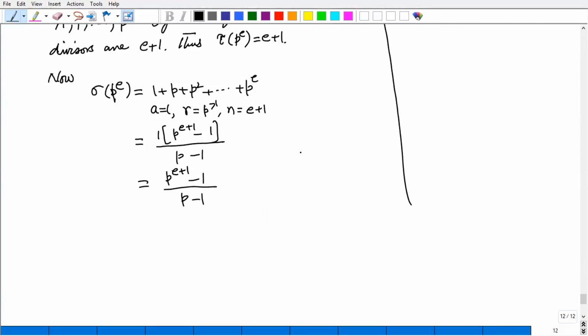By using this theorem 8, we can easily find the tau and sigma of any positive integer.